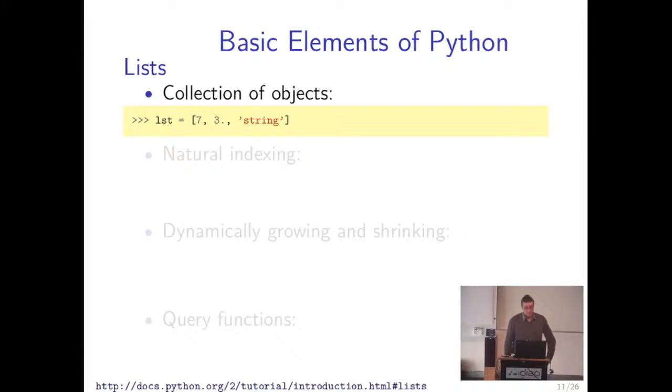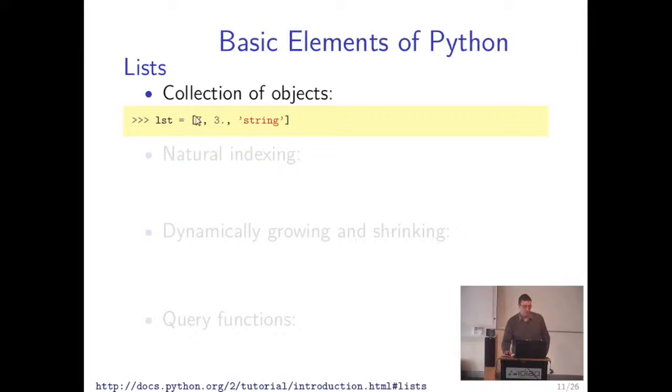The next basic element of Python, which you will see throughout when you work with Python, is a list. A list is just a loose collection of objects. A list is indicated by square brackets, and you can put in any object that you like.